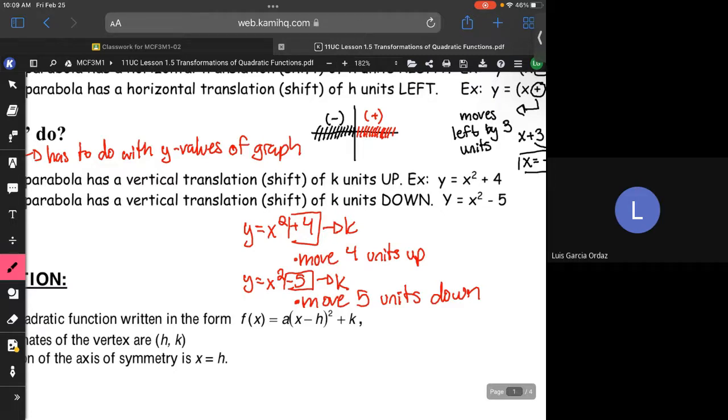So now I'm going to give you guys one full equation with all 3 of them, and I want to see if you can tell me what the transformations are and what my vertex is. I'm just going to write the equation over here, and write: vertical stretch or compression, which is your a; horizontal shift, which is your h, how many units you move left or right; and k is your movement up and down.